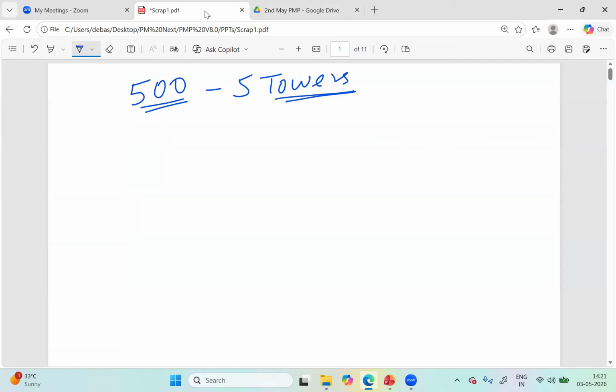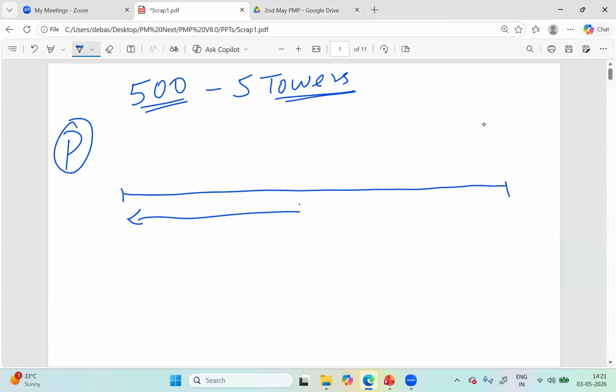Now I'll tell you what would be predictive and what would be incremental. Let us apply both of them and see how they will look different. If I use predictive, let's say it's going to be a 3-year project. Imagine 3 years long. The way we would start, we'll start with the basic stuff. Excavation would be done. Then we work on the foundation. Once the foundation is done, we'll start raising those 5 towers, the structure.